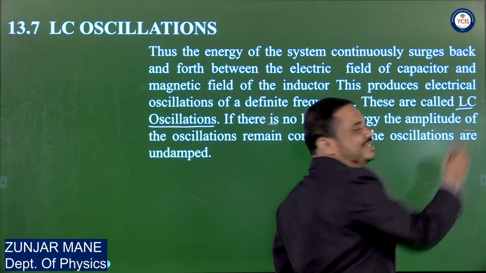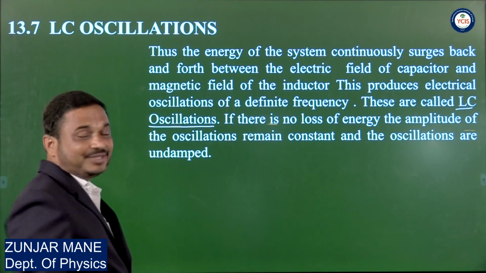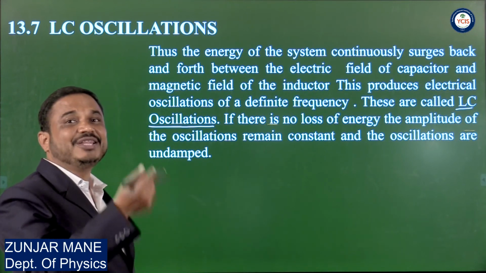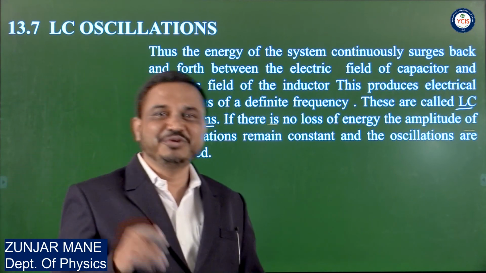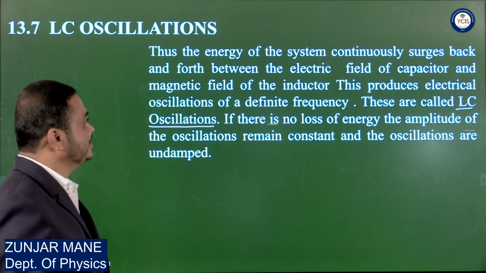Due to the energy surging back and forth between the electrostatic energy and magnetic energy, oscillations of definite frequency and amplitude are produced. These oscillations are called LC oscillations.